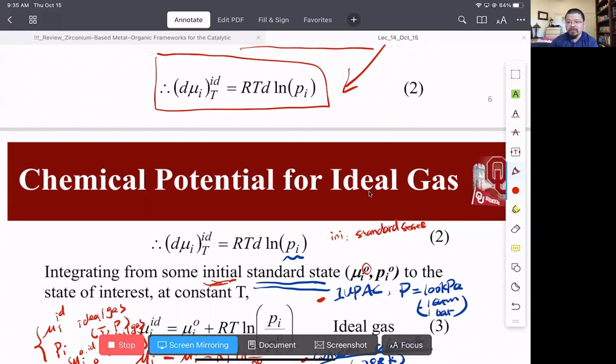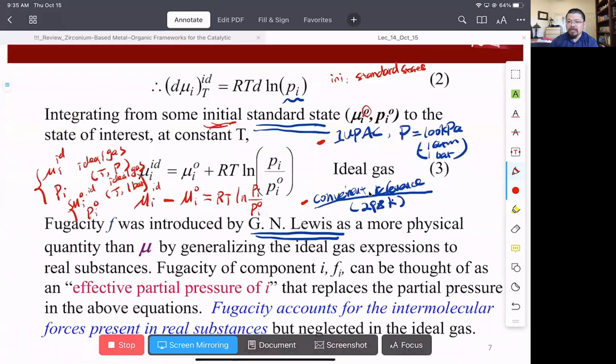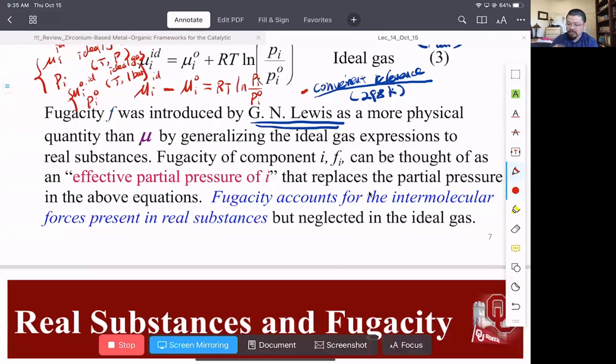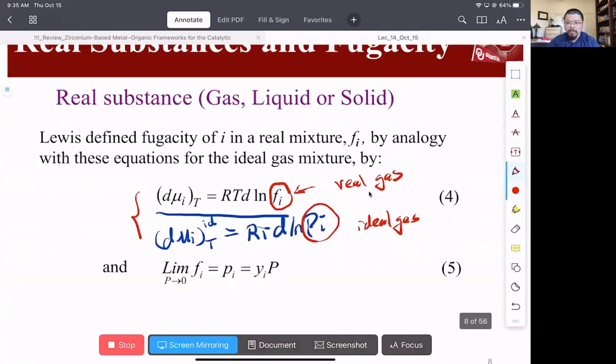And apparently we cannot derive that equation very easily. So this is why Lewis said, well, why not just come up with a new quantity called fugacity, and we just reference the form for the ideal gas, and we call this the equation we are going to use for the real gases.